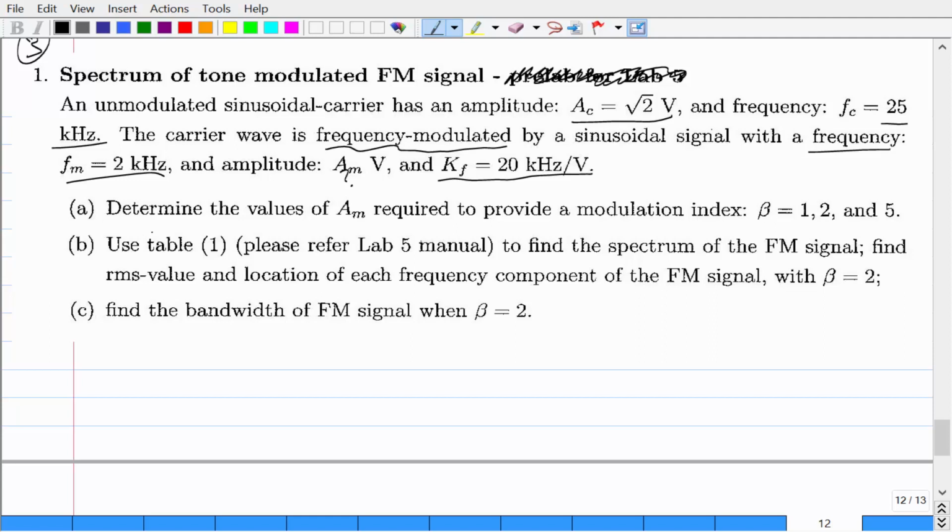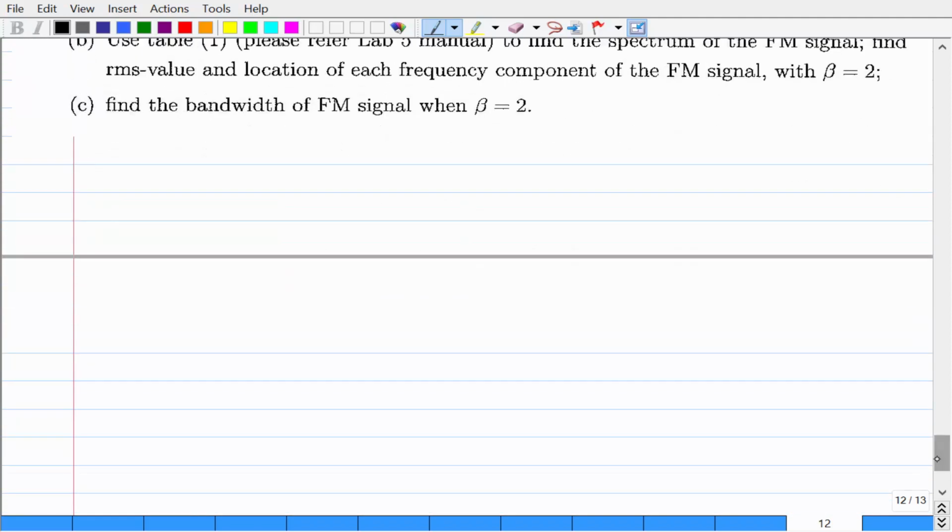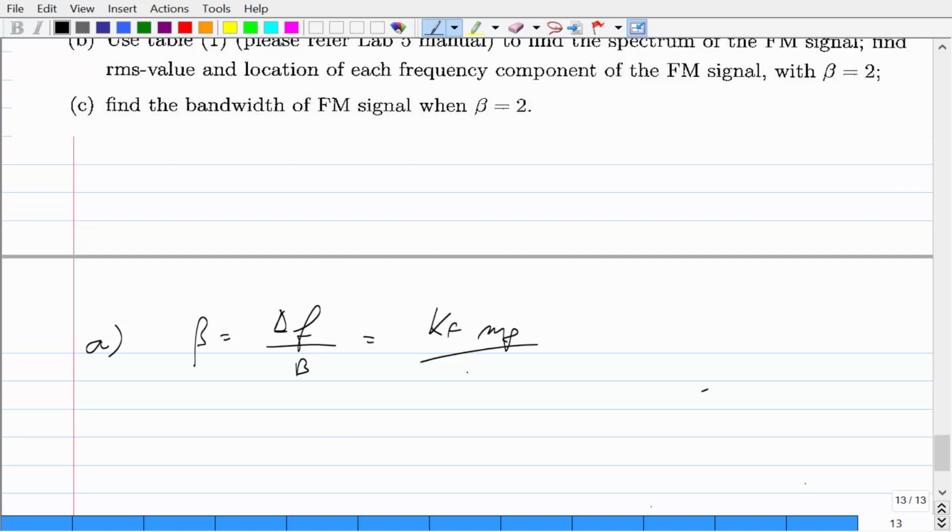The first question asks you to determine the values of the amplitude of the message signal that is required to give the corresponding modulation indices, so beta is 1, 2, and 5. If you remember, the modulation index is defined as the frequency deviation divided by the bandwidth of the signal, and the frequency deviation is K_f times A_M.